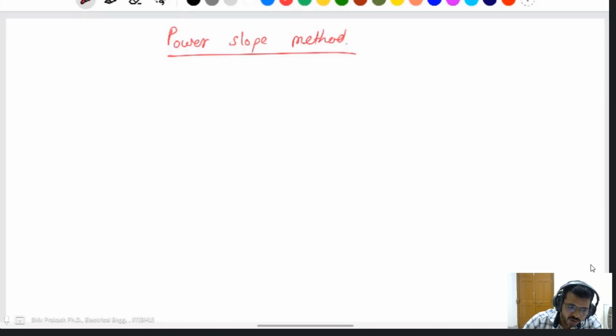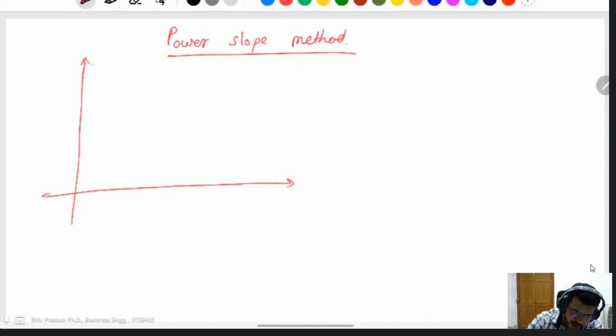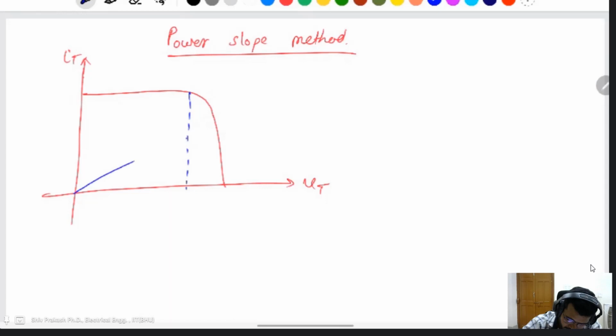Then the power slope method means, mainly in the IV characteristic, near the maximum there are 2 to 3 points.